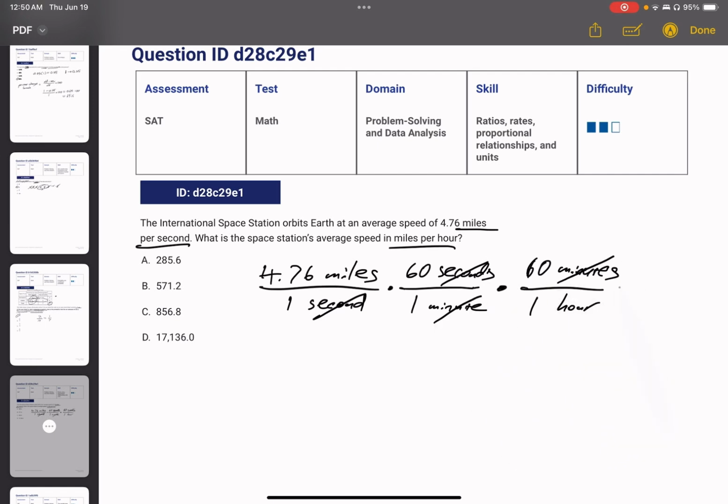And then we get our answer because we're at miles per hour. These are our units. So plugging this into the calculator, 4.76 times 60 times 60, we're going to get 17,136. And this 0.0 is just significant figures, I'm assuming.